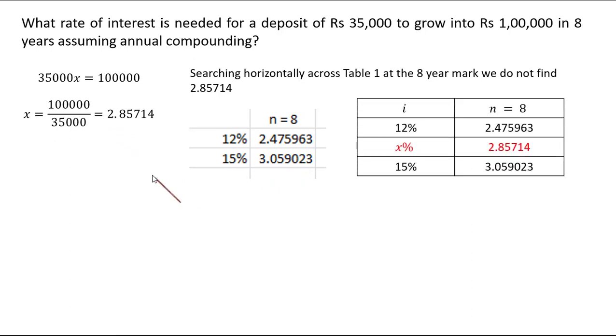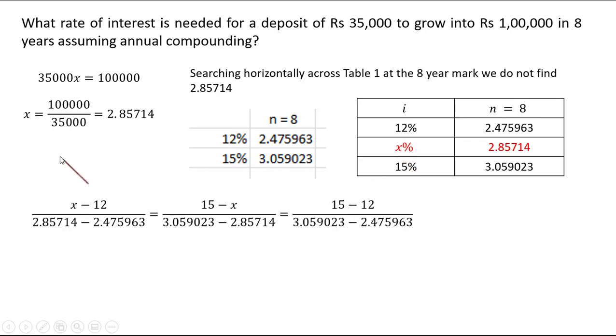So we can deduce that if 12% interest corresponds to 2.47 and 15% corresponds to 3.05, some x percent, or some i percent, not to confuse with this x, will be equal to 2.85, this particular number. So we should have written i over here, but anyhow, we can use this particular logic.